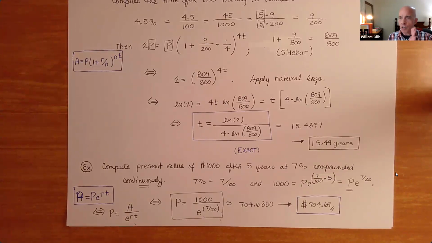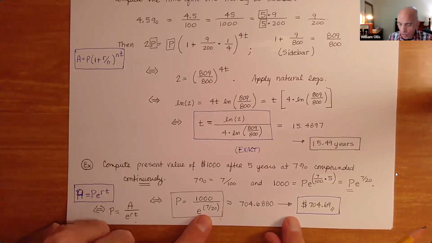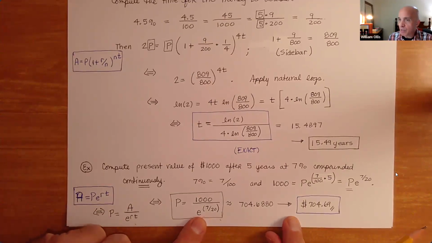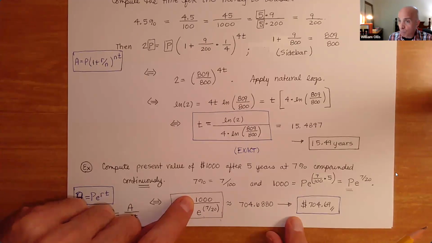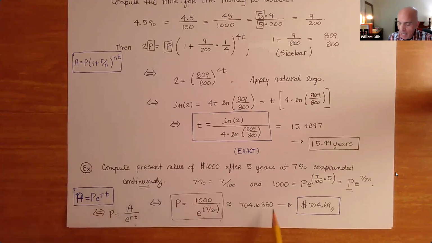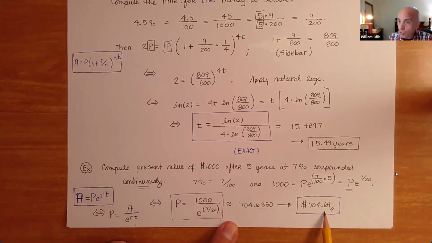For instance, you know E to the 0 is 1, so this particular number is greater than 1, but it's less than the value E. So we're actually going to get a number that's smaller than 1,000. That makes sense intuitively, but it also makes sense mathematically. And when you run this to 4 decimals, you get 704.6880, which in this case, you can simply round to 2 decimals.